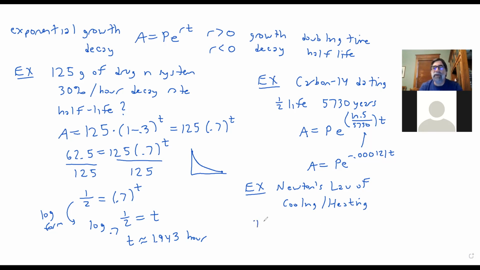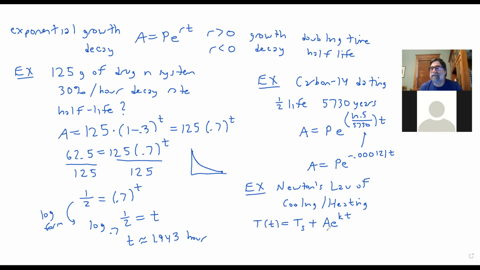So this is another one where you don't need to know where the formula actually comes from, but you want to be able to use the formula. There are three variables to use here: the temperature of the surroundings, the initial temperature, and then once again, some sort of constant.